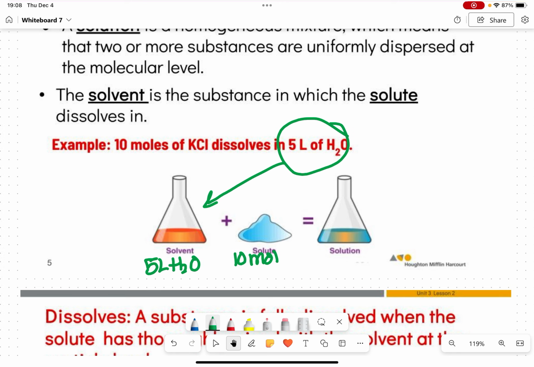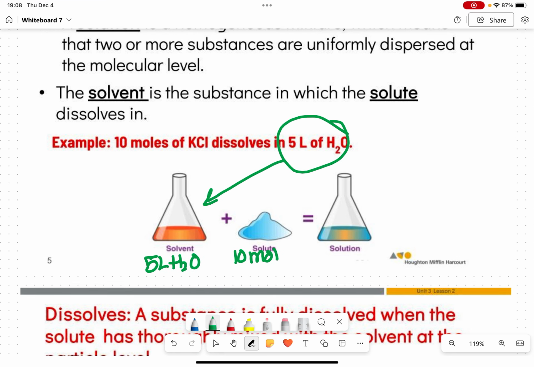Moles is a unit that we use to describe amount. Again, it says the 10 moles of KCl dissolves in, which means the KCl is what's being broken apart. So that would be your solute.